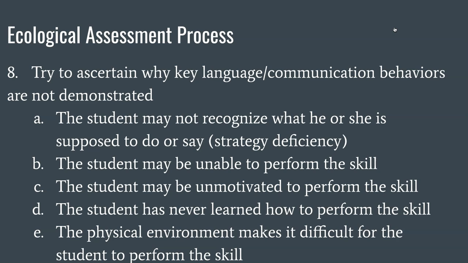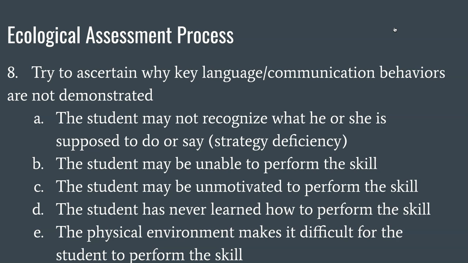So this is actually a really cool way, I think, to look at this. Does the student not even realize what they're supposed to do, or are they just unable to perform it, or do they maybe know but just don't care, it's not important to them, or no one's ever taught them how to do this, or there's something wrong with the environment and we need to change the environment.